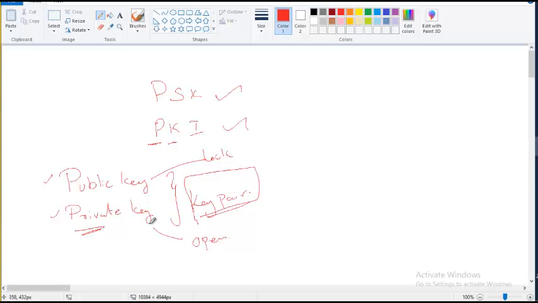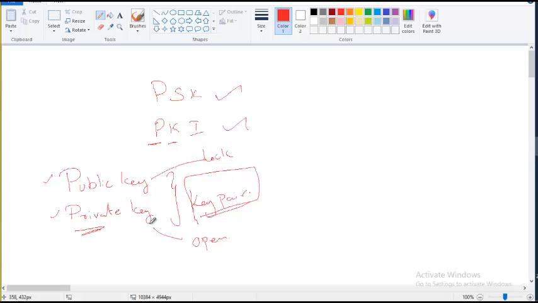Public key will be available for everyone, whoever wants it. If someone wants my public key, I'll give them the public key. But private key, I will never give to anyone. So whoever wants to lock my door, they are free to lock. No problem.